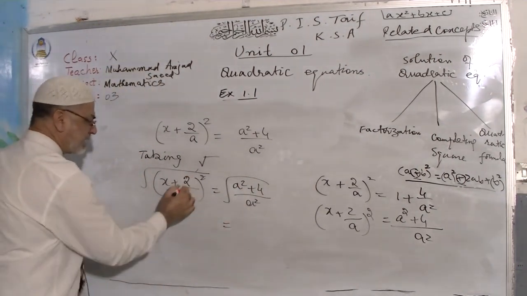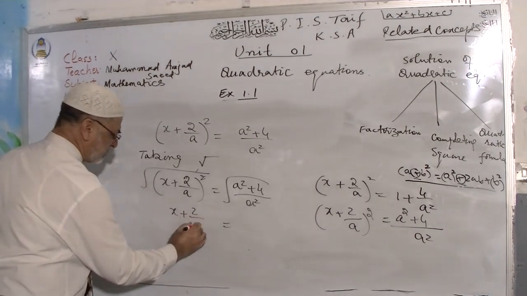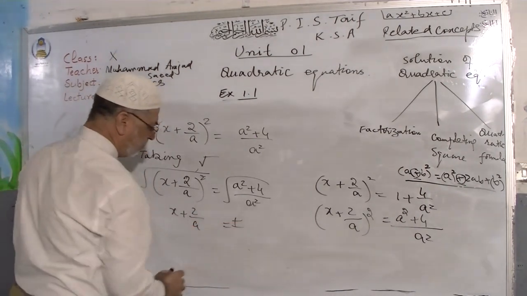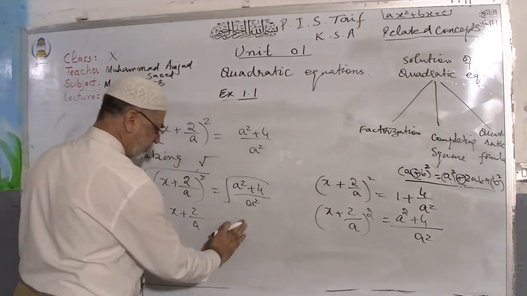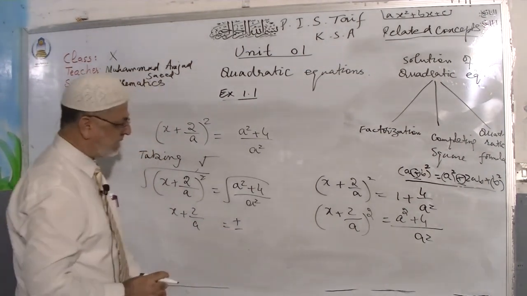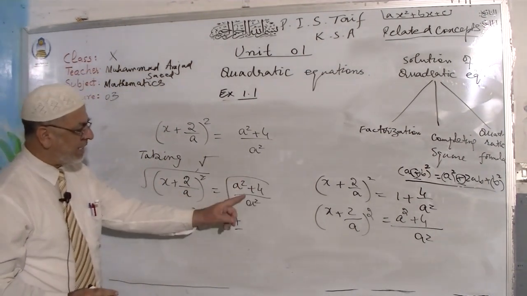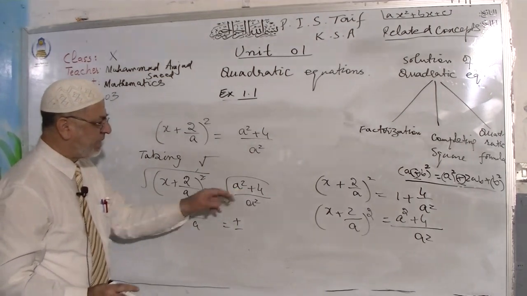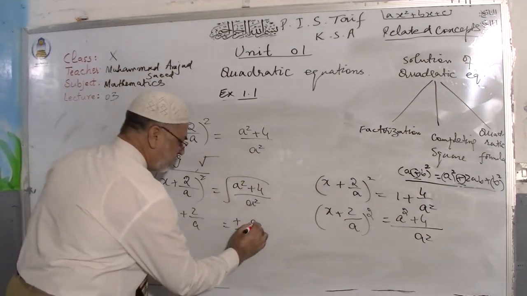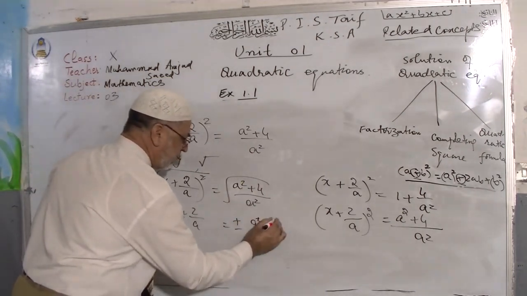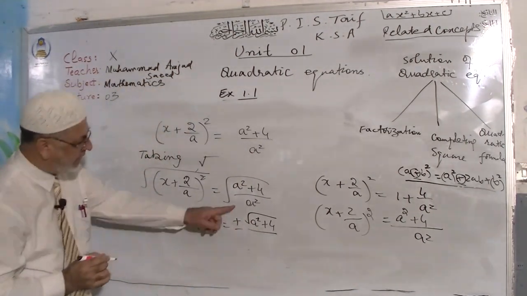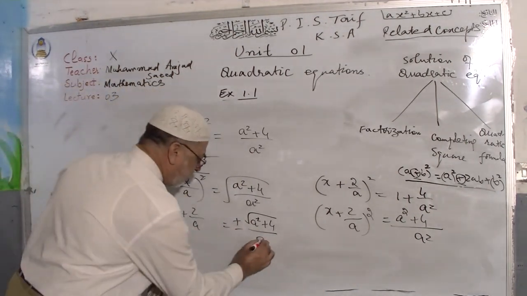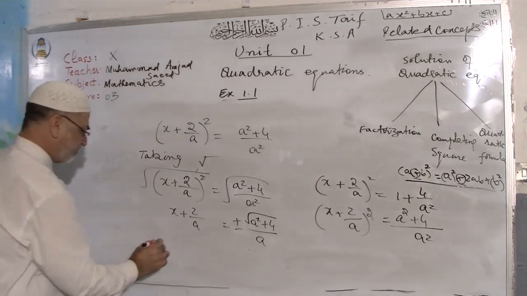The 2 and square root cancelled out. x plus 2 over a is equal to plus minus, and remember, the square root cannot be cancelled out or split up in case of plus. A square plus 4 under root as it is, but here a square divided will come outside as a single a.